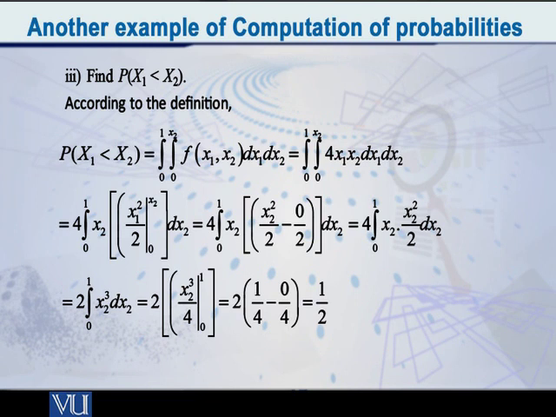So this is the procedure by which you are able to solve sometimes apparently somewhat complicated situations also. You just have to be a little careful as to how you put the limits to your integrals and also then solve accordingly.